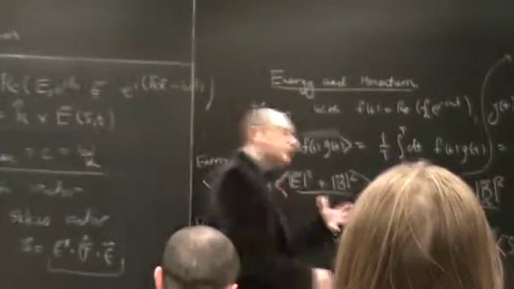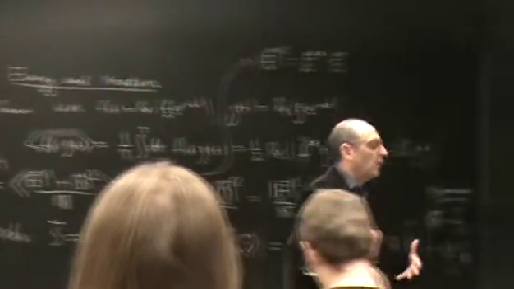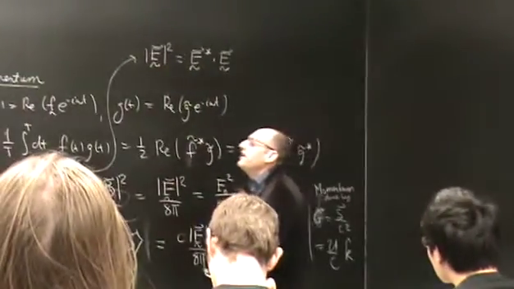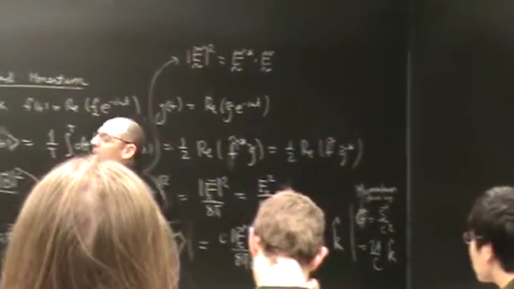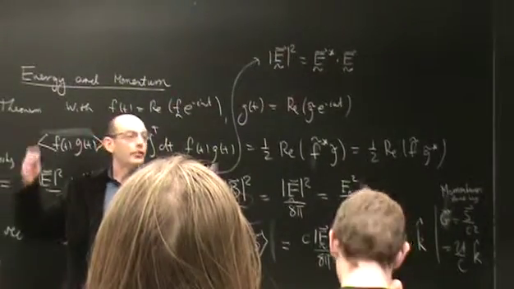Well, as I mentioned, there are two reasons we do that. One is that in some circumstances the physical wave is well approximated by a plane wave, at least in some regions of space.